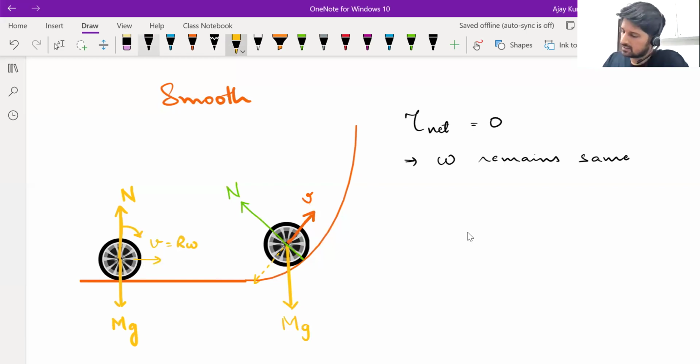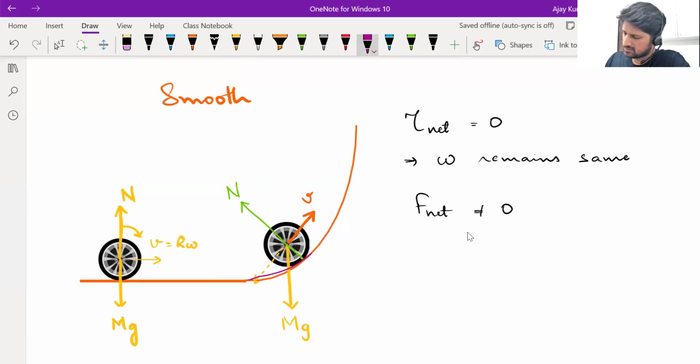Okay. F net is non-zero. I should not say net force is opposite to velocity. There will be some centripetal force also because it's following a curved path. Let it be. There is a force opposite to velocity. I'm not saying that is the net force, but there is a force opposite to velocity.